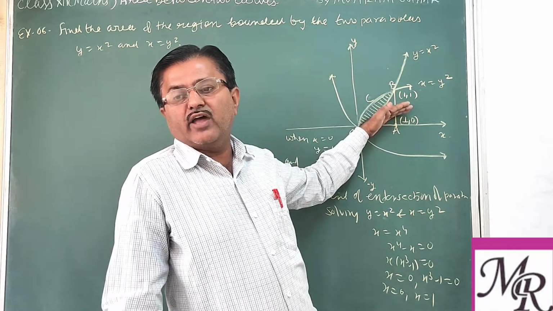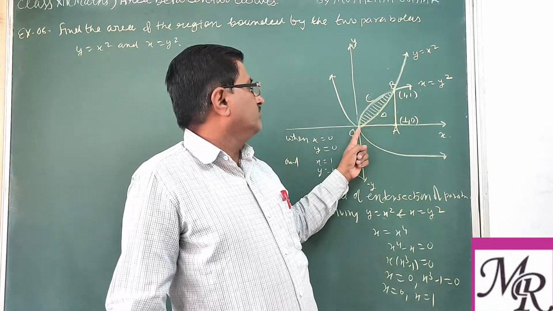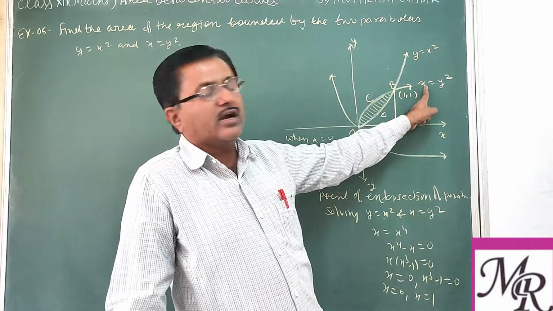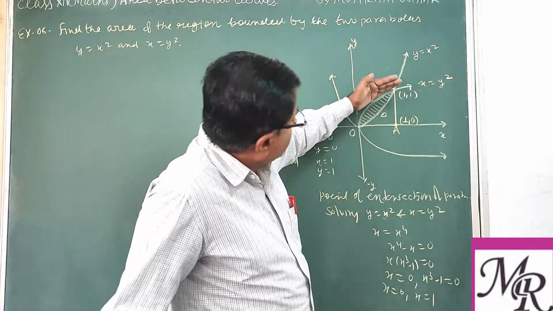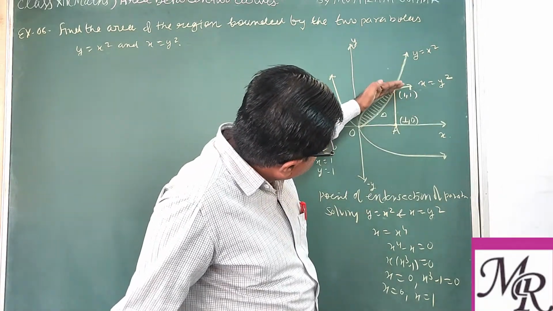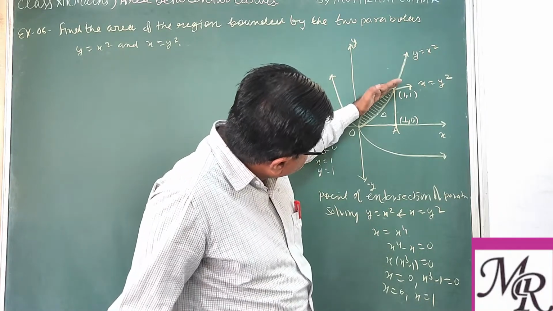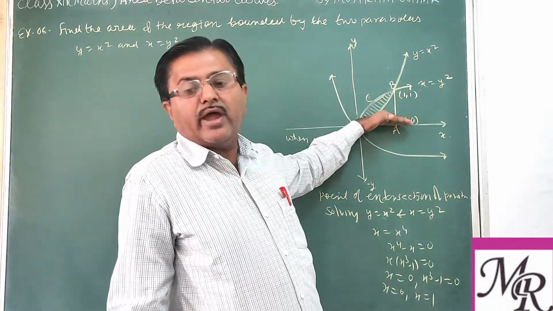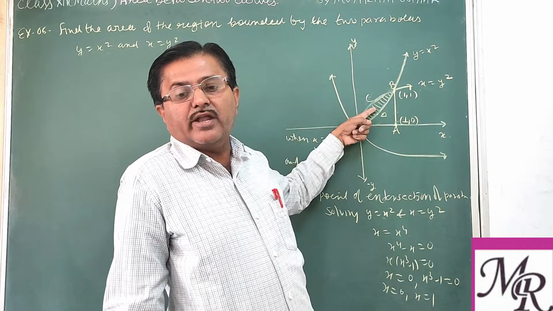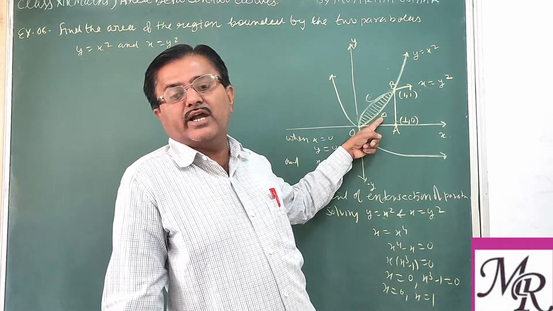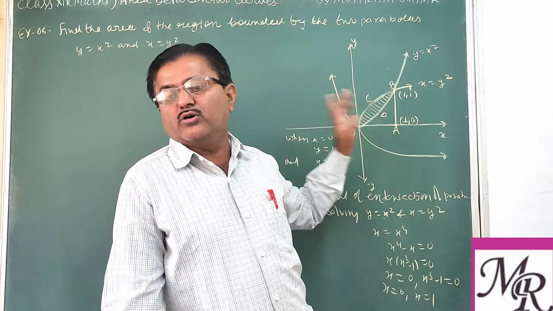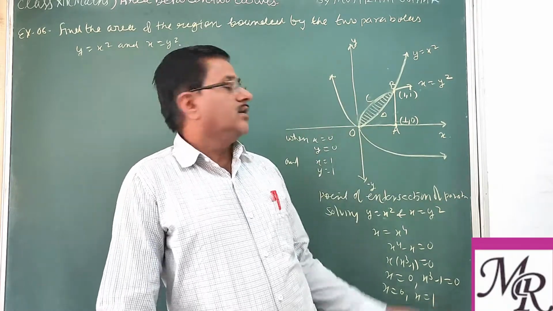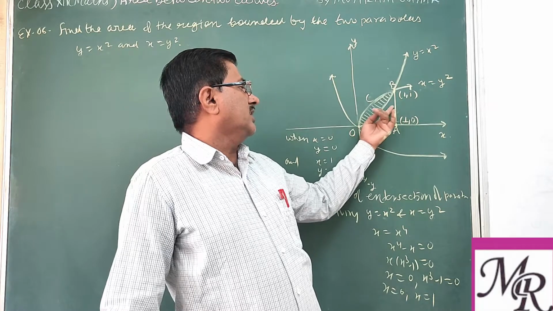When we find the definite integral from 0 to 1 for the curve x equal to y square, what we get is the area of the region under this curve up to the x-axis, this shaded portion plus the unshaded portion. But we do not need the unshaded portion. For that, we have to remove this area.